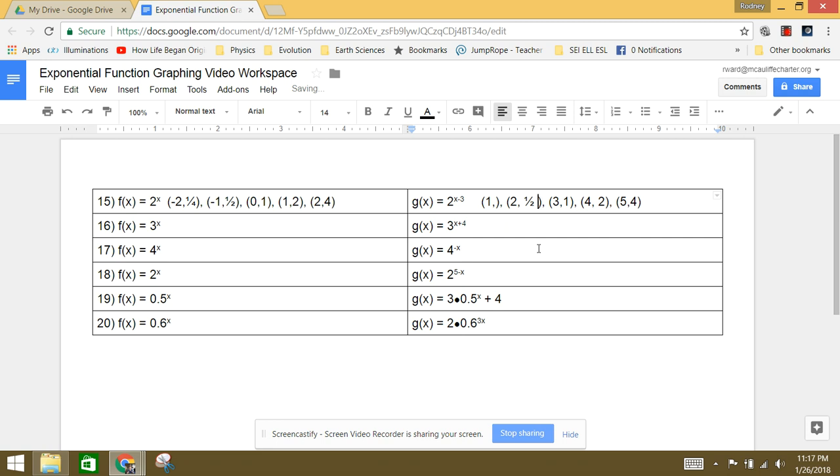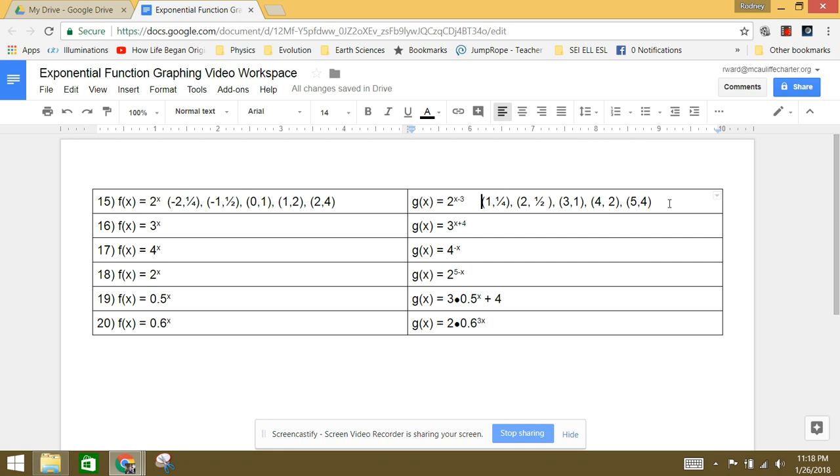And now I've got 1 as an x value. If I plug in 1 here, 1 minus 3 is -2. I'm going to have an exponent of -2 over this base of 2, so I'm going to be at 1/4. So there I have it. I have a set of points. And what's happened is I've got the same shape of the function, but all my x values are 3 to the right.